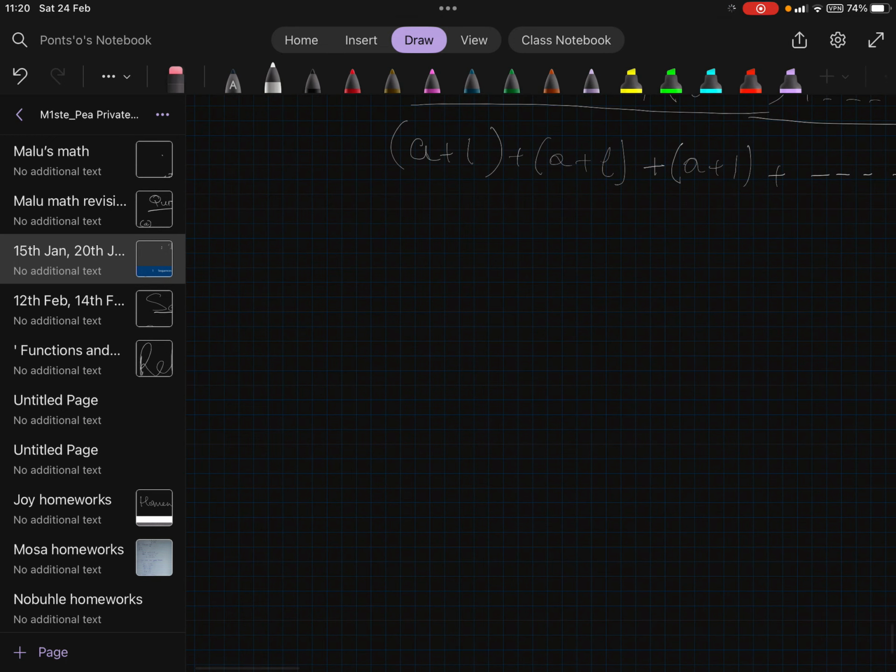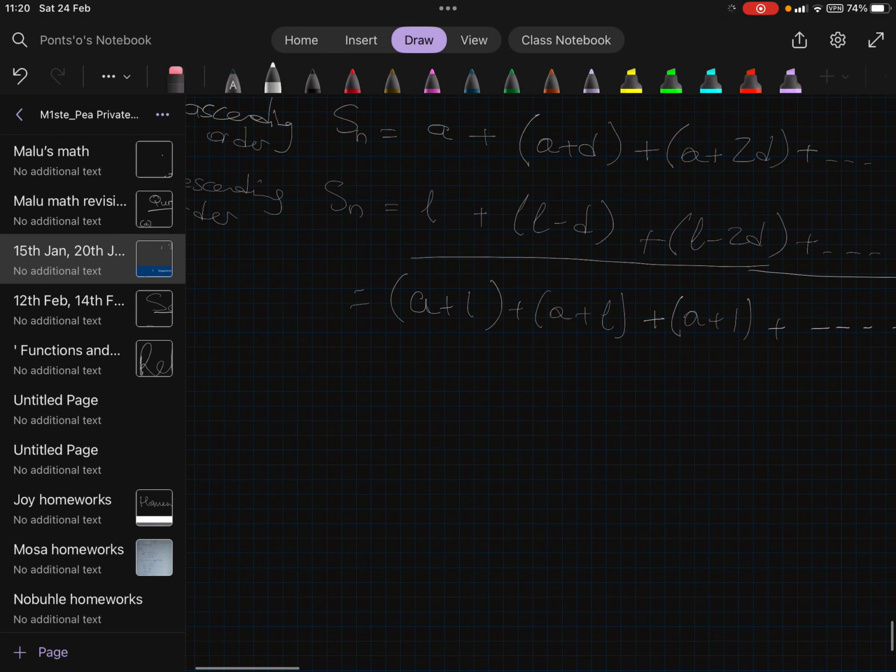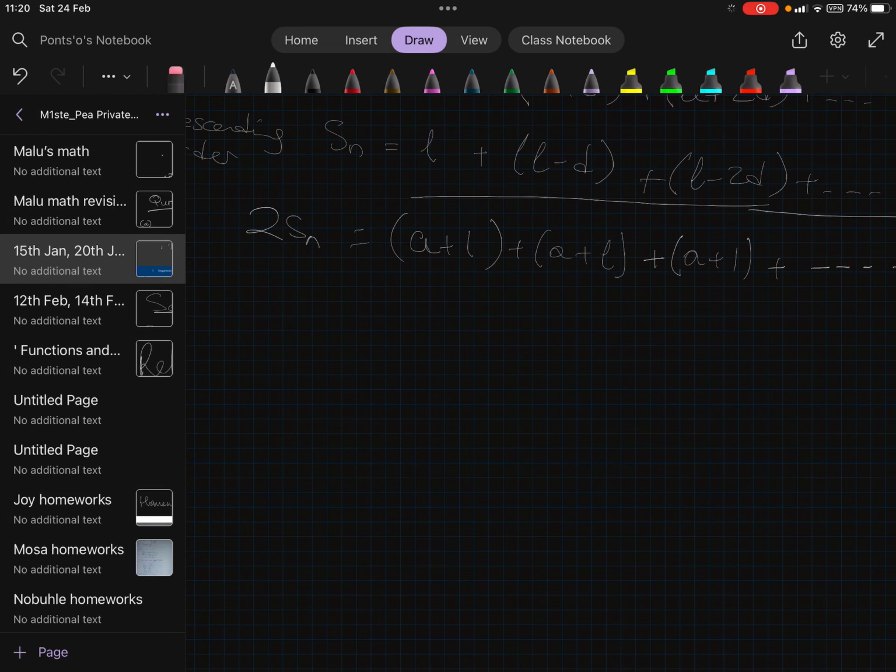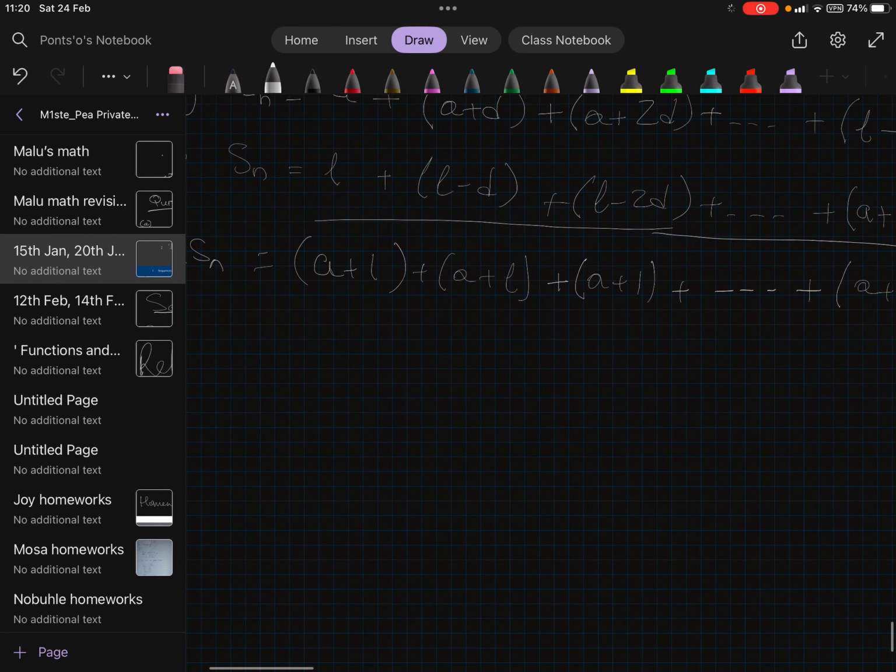Right, and then all of this equals twice the sum to the nth term. And when you divide both sides, or rather, since we don't know, let's say if it was 100 terms, then it would be 100 times the a plus l.